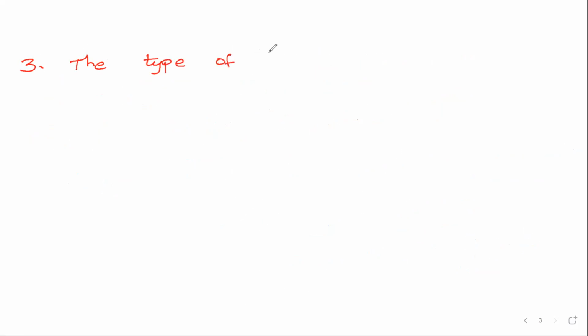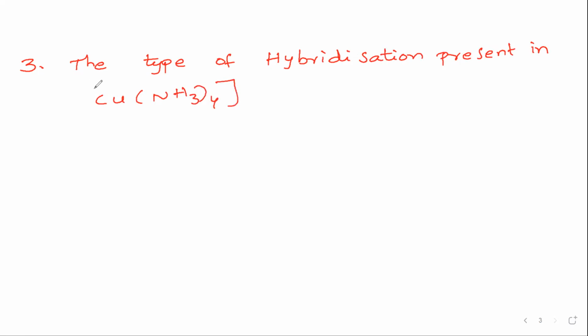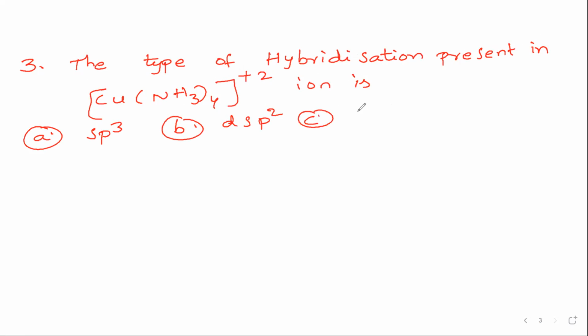The type of hybridization present in the copper NH3 taken 4 times, plus 2 ion is: option A, sp3; option B, dsp2; option C, sp3d; and option D, sp3d2. So first we need to see the coordination number.